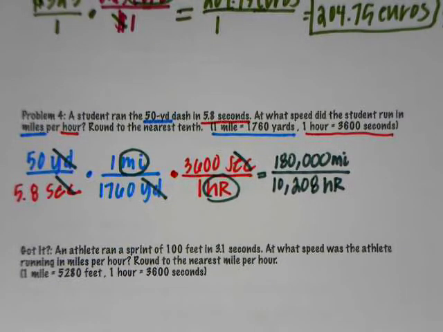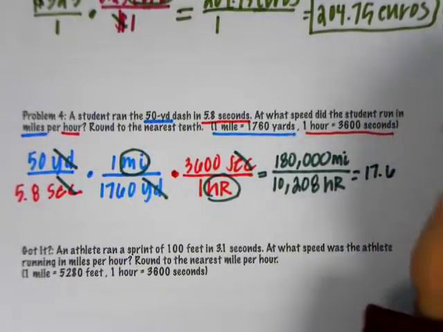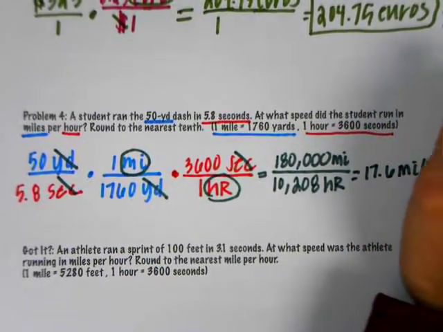And then just divide those numbers together. 17.63. Correct. Yeah. So we'll just do 17.6. 17.6 miles per hour.